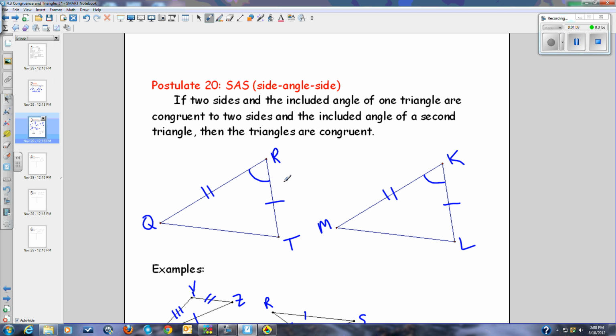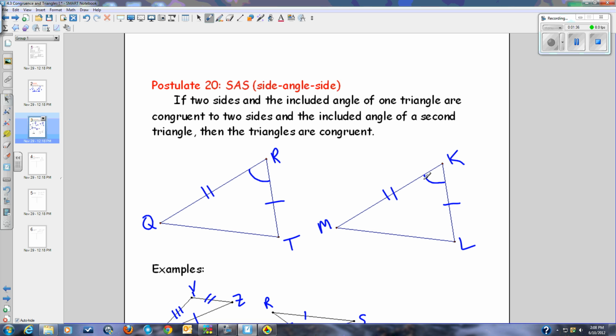The side-angle-side postulate. It says if two sides and the included angle of one triangle are congruent to two sides and the included angle of a second triangle, then the triangles are congruent. In this picture I've illustrated, we have side QR and MK that are congruent, side RT and KL that are congruent, and the angles in between them are also congruent to each other.